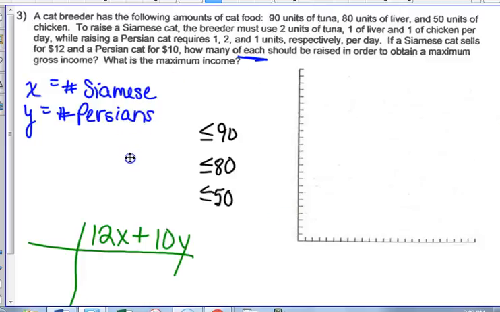Okay. So what about tuna? We got the 90 tuna. What else do we know? A Siamese cat needs 2 units of tuna. So every time we have a baby kitty Siamese, we need 2 tuna. Persian cat needs how much tuna? Okay. Then what?